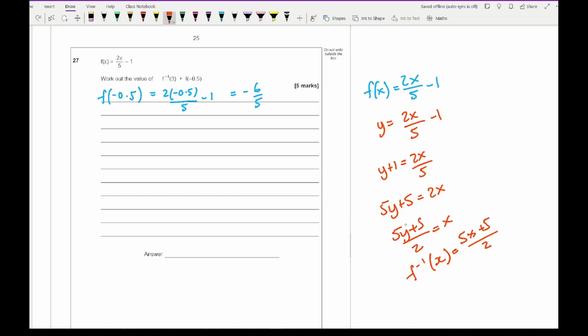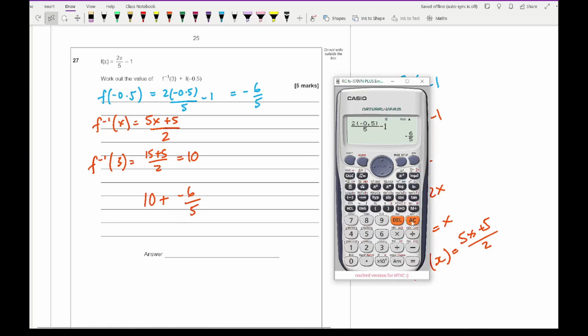So then what I want to do is substitute that in. Let me just write that a little bit neater. I've got (5x plus 5) over 2, and then for the inverse function of 3, I just substitute 3 in, so I've got (15 plus 5) over 2, which equals 10. So then what I want to do is 10 plus minus 6 over 5, and just to make sure, let's type that into our calculator.